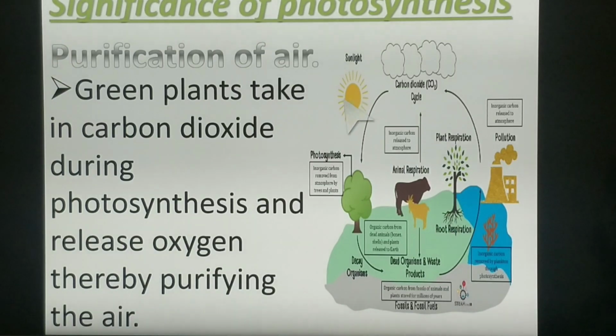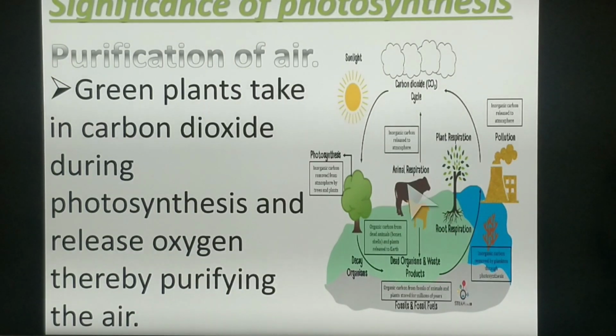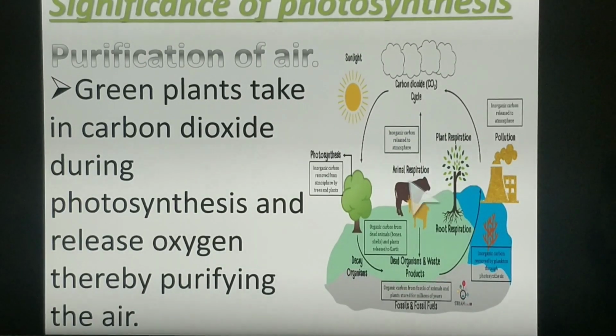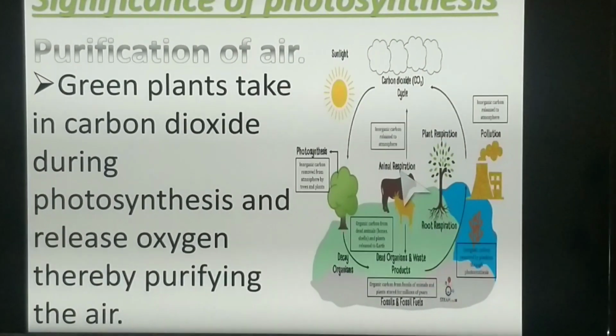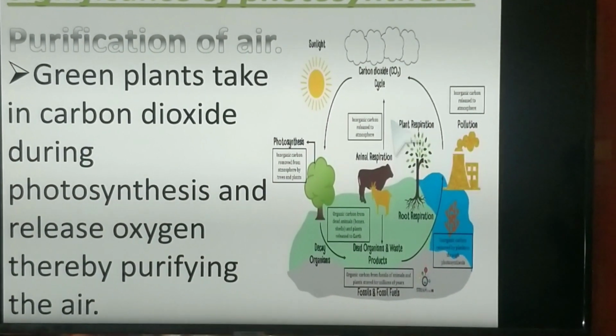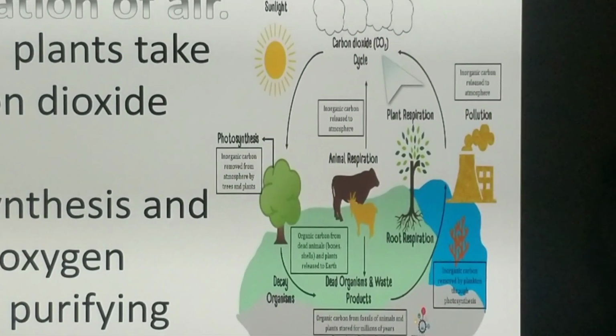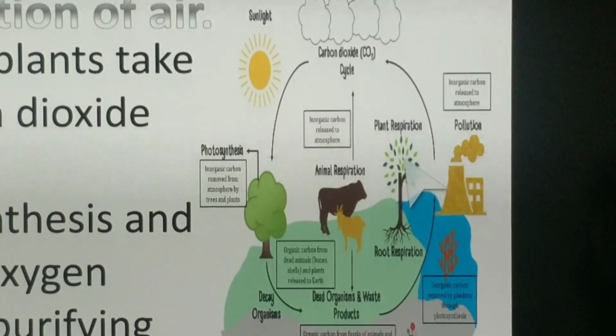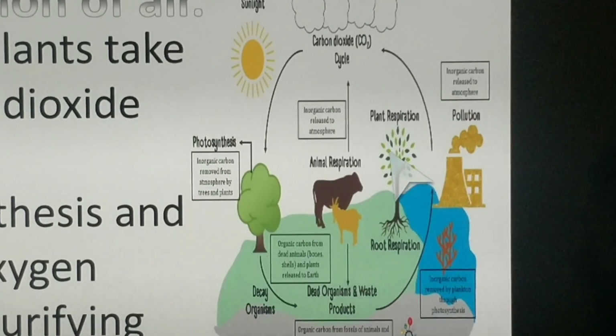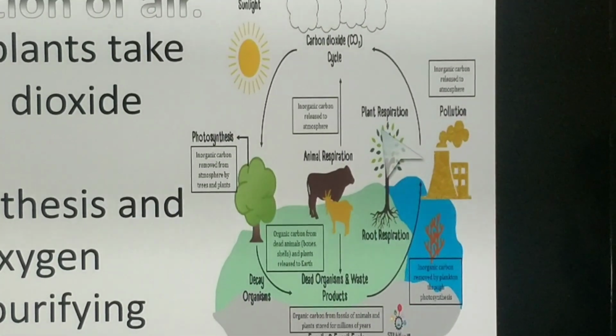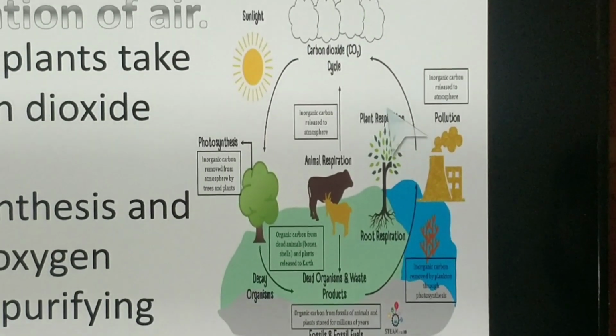You can see it here in this picture that animals respire and they give out carbon dioxide, which is emitted and gets mixed into the atmospheric carbon dioxide. The plants also, after respiration, give out carbon dioxide.